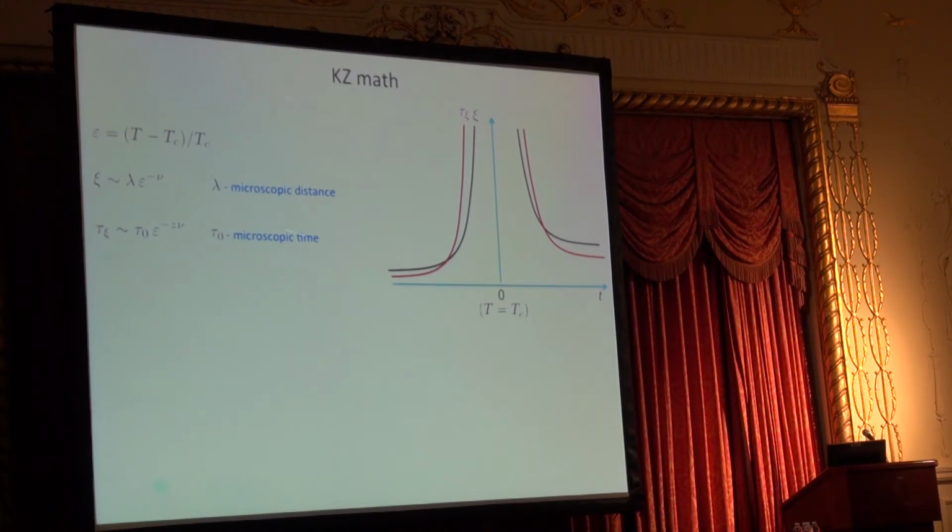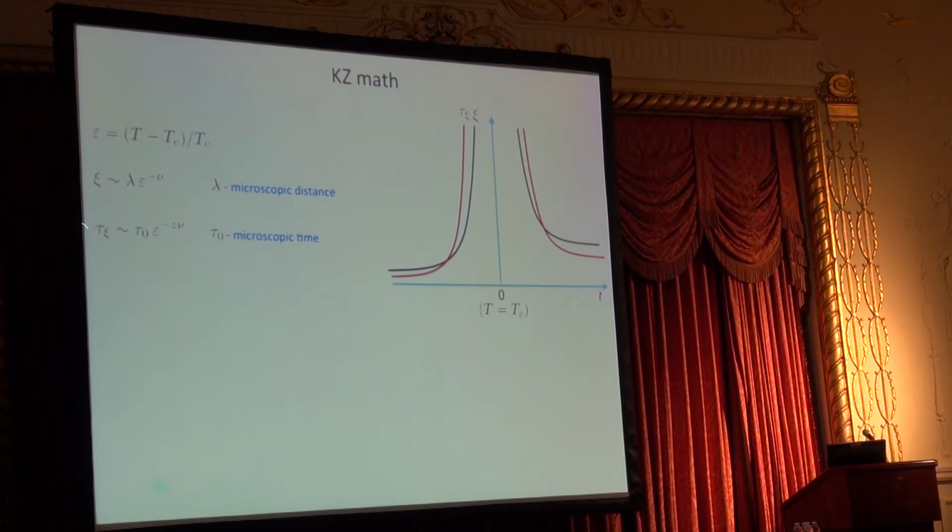So we can define the distance from the critical point in a dimensionless fashion. This is this epsilon here, T minus Tc, just scaled to Tc, okay? And then in equilibrium, again, this is more general than Kibble-Zurek, the divergence of the correlation length is controlled by this critical exponent nu, okay, which is a characteristic of a particular universality class, which in our case is the 3D XY model.